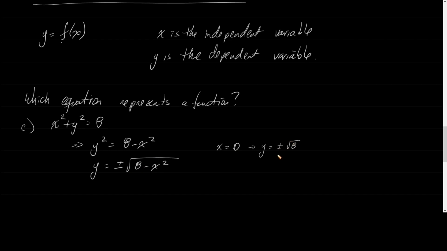But plus or minus the square root of 8 is really saying that we've got two different values, radical 8 and negative radical 8. So we have the pairing of 0, radical 8 and 0, negative radical 8, which is bad. It's bad because we have that one x value being paired up with two different y values, all right? So we don't like that. So this is not a function.